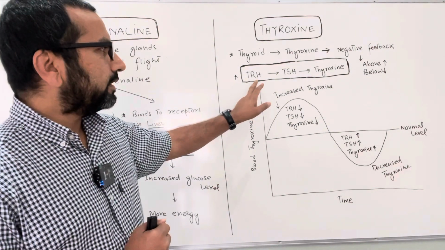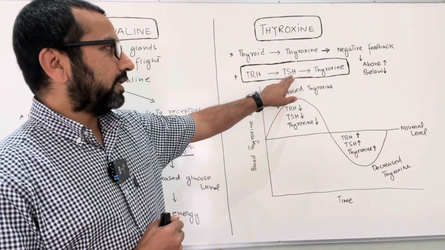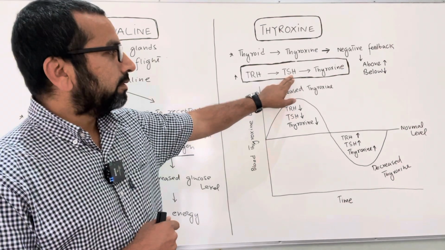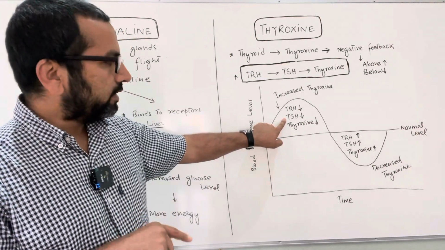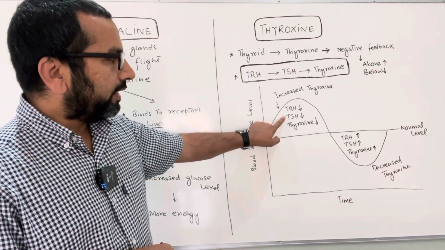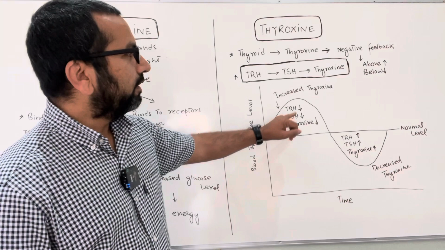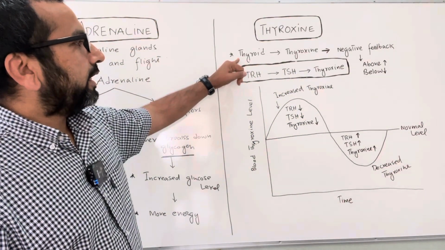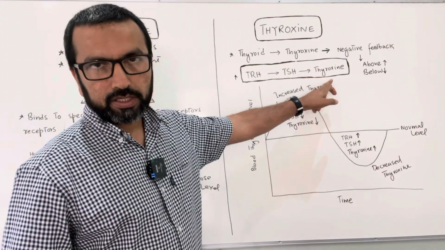As a result, that will decrease the release of thyroid stimulating hormone by the pituitary gland. When the thyroid stimulating hormone decreases, that will signal the thyroid gland to lower the level of thyroxine.